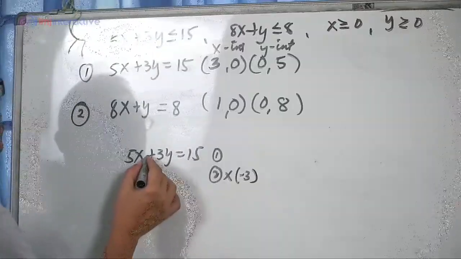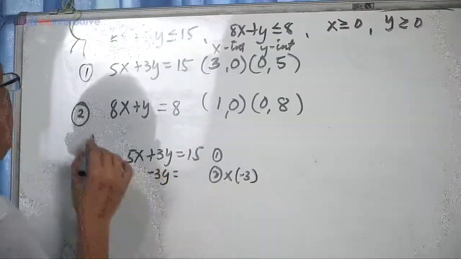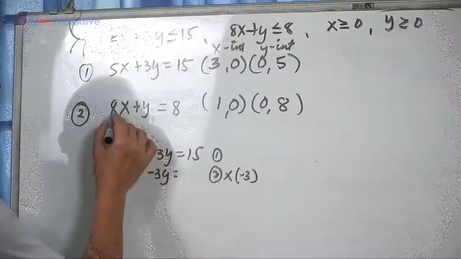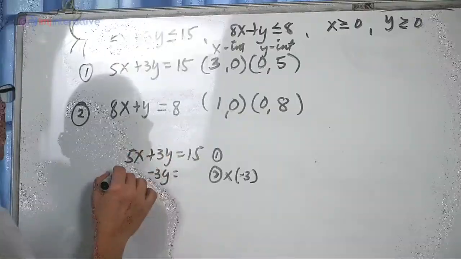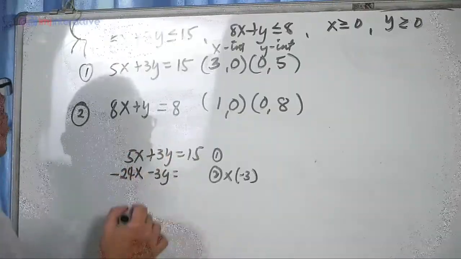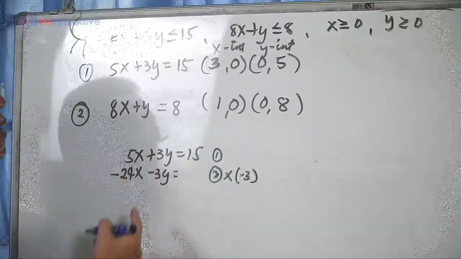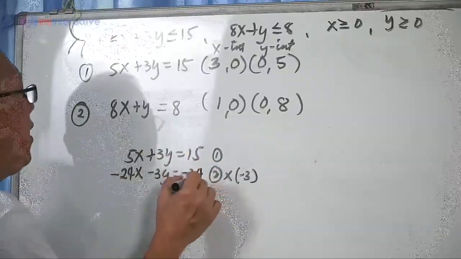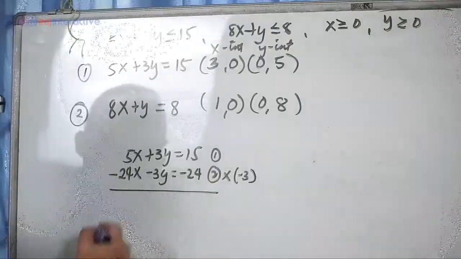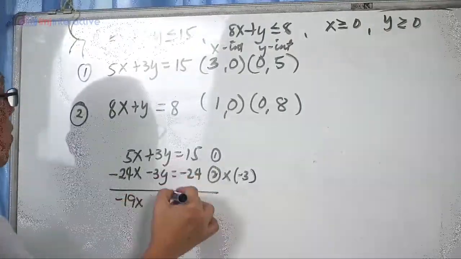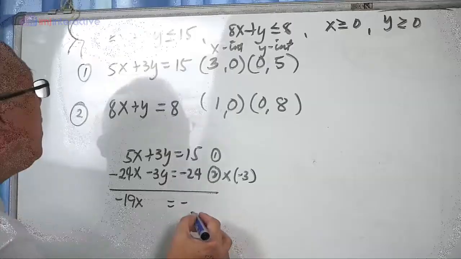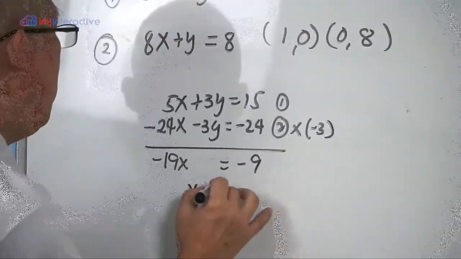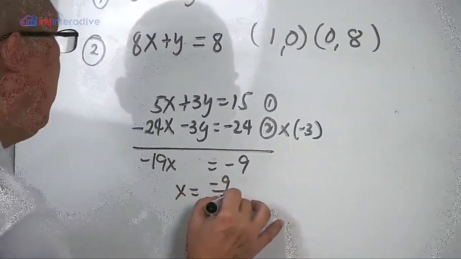Times negative 3, that will give you negative 24x, negative 3y, and negative 24. So this is equal to negative 19x, 0, and negative 9. So x equals negative 9 over negative 19.